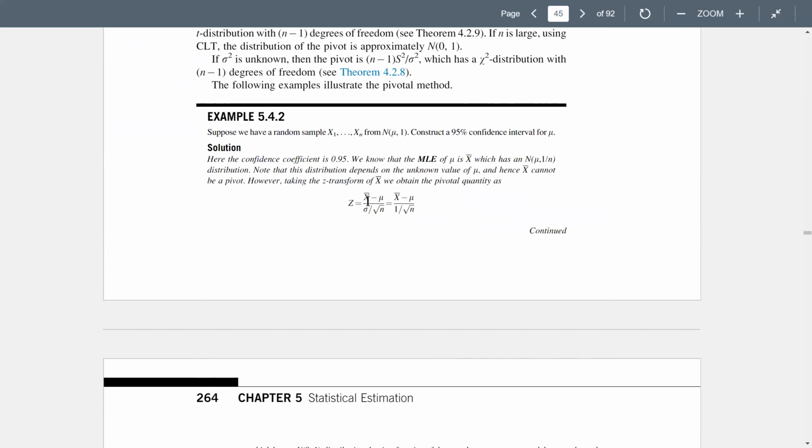Now X bar is qualified by the central limit theorem to follow a normal distribution with mean mu X bar, but mu X bar equals mu, divided by sigma X bar, but sigma X bar is sigma over square root of n, as we saw previously. And X bar is a random variable. So through this kind of standardizing, we can identify X bar with Z in this way, having such a relationship.